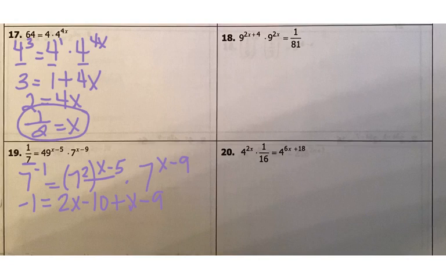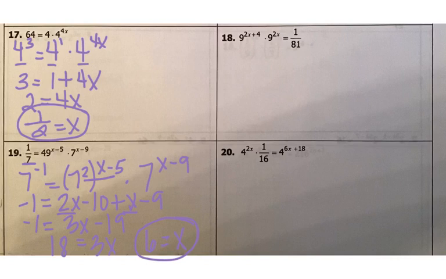From there, we just need to combine like terms on this right side and solve our equation. So we have 3x minus 19. And so 18 equals 3x. So what does that make x? 6.